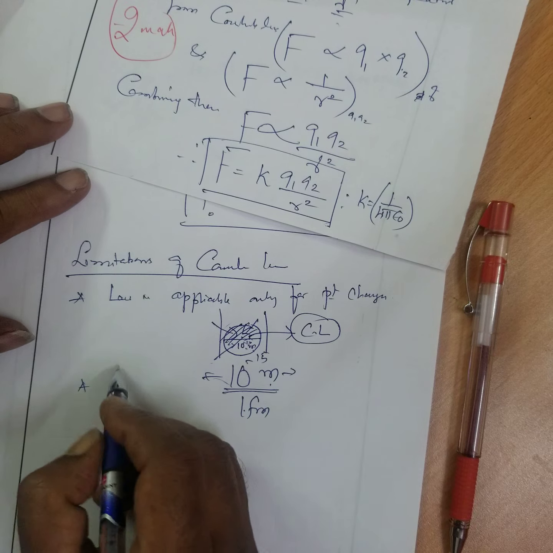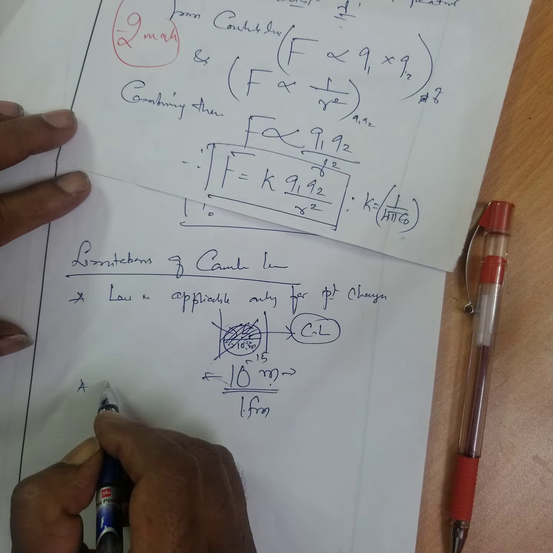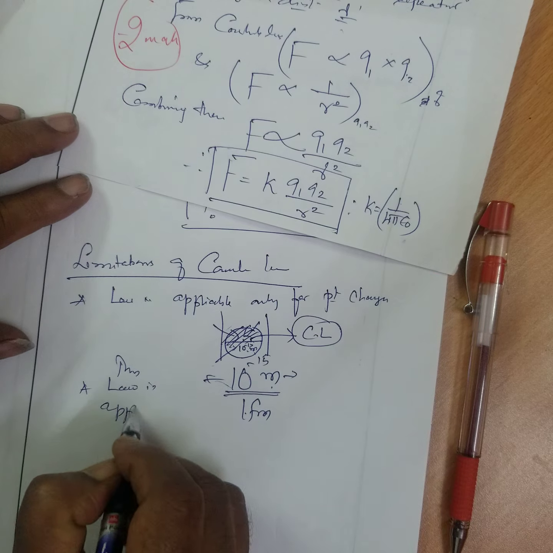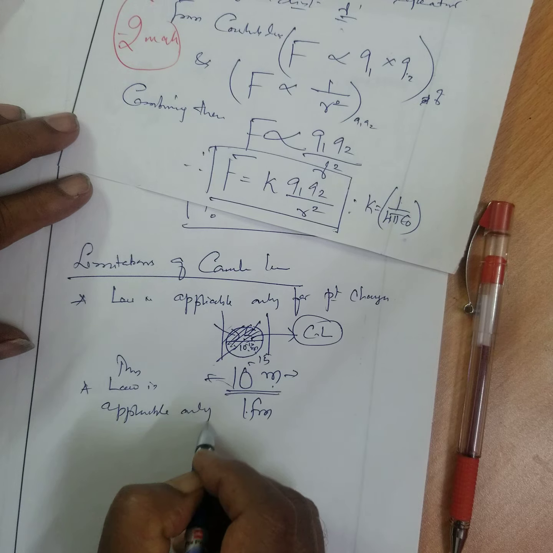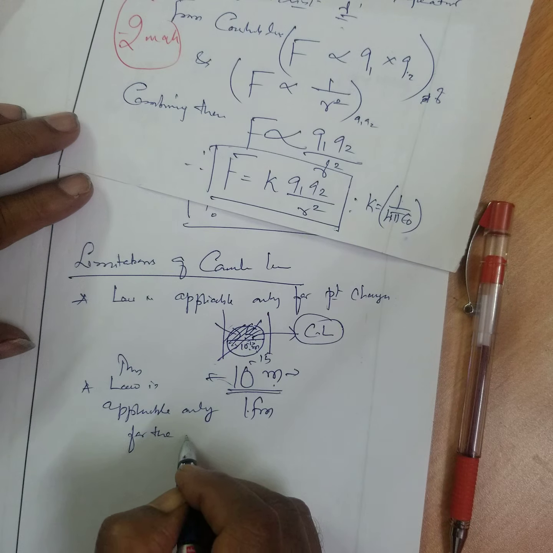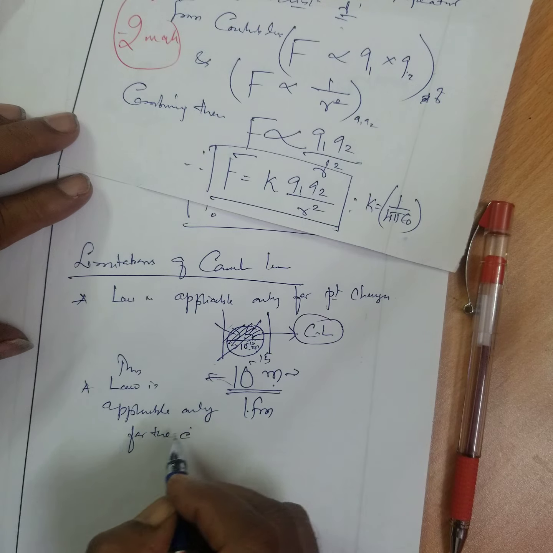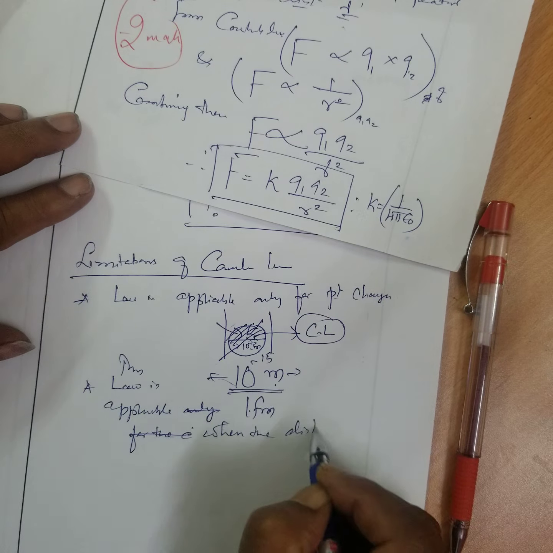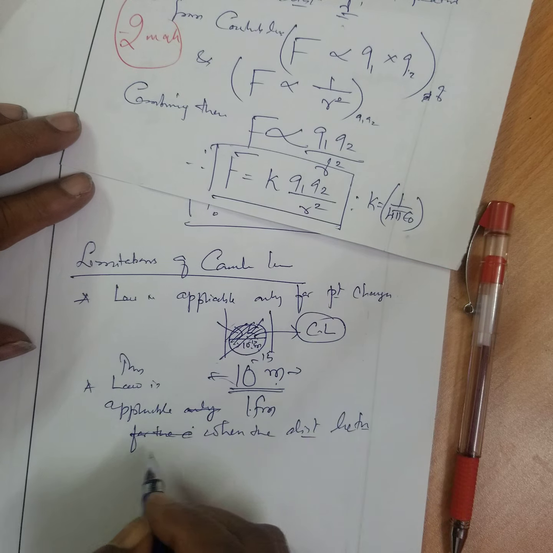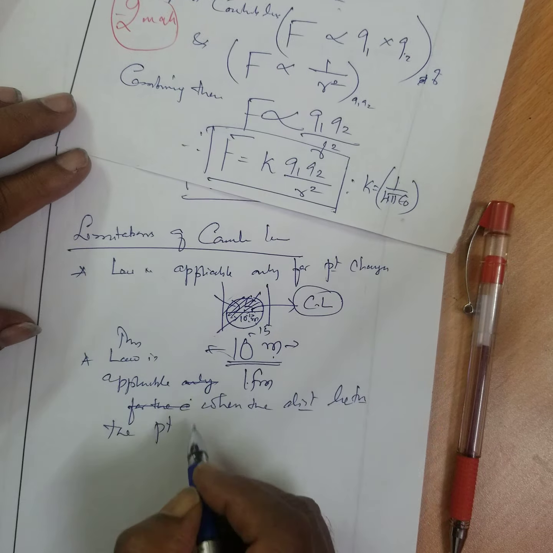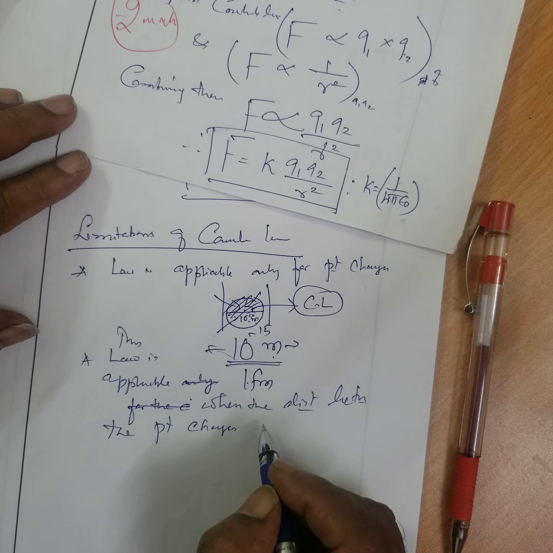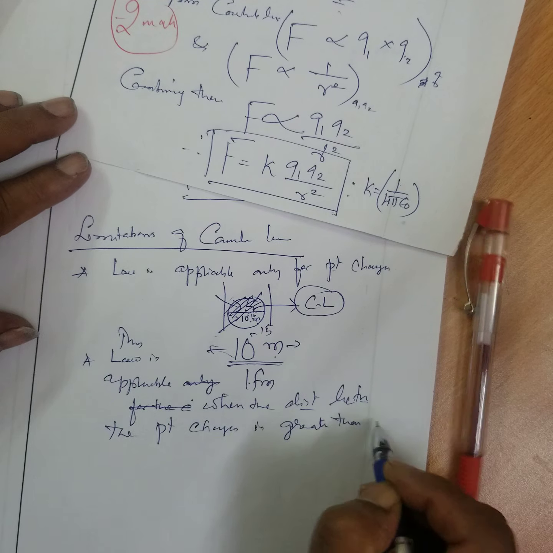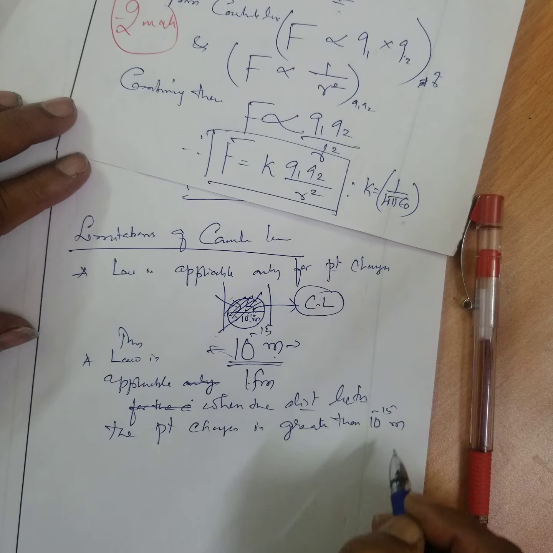That means this law is applicable only when the distance between the point charges is greater than 10 to the power of minus 15 meter, or 1 Fermi.